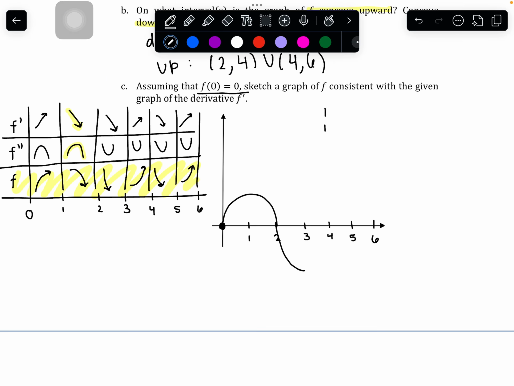So I'm going to draw an asymptote, and let's see if that makes sense here. Because from 3 to 4, we have this shape right here, right? So maybe the asymptote does make sense there. Because then from 4 to 5, I have this shape coming down, right? Let's just draw it like that. And then from 5 to 6, I'm back up again.